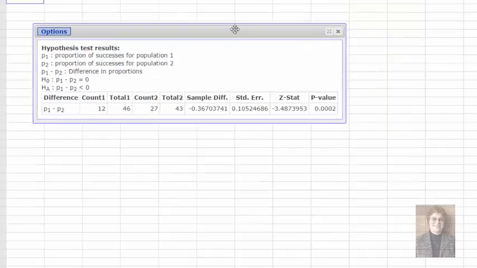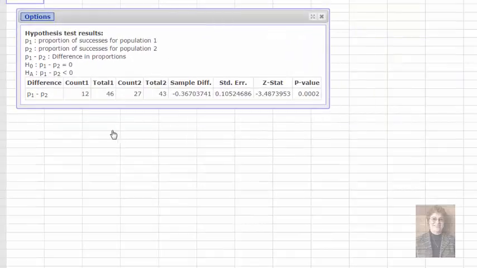And you can see what we have here, where here is our sample difference. Here's our z-statistic. Our z-statistic rounds to the exact same thing as the by hand calculation in the slides, and the p-value is the same thing. So you can see how easy it is.